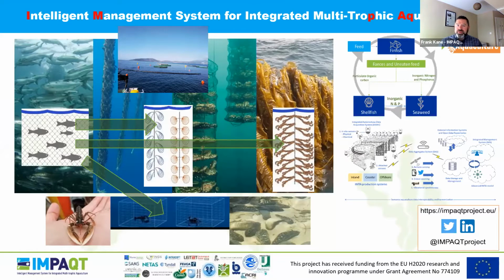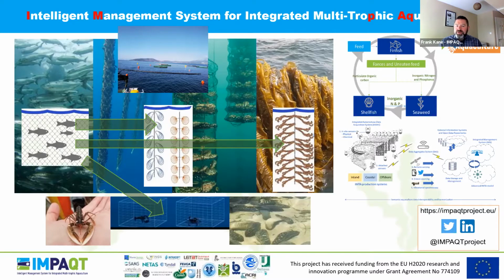The platform is to cover multiple production environments with the ambition to help validate the concept of IMTA as a novel aquaculture approach. There are 21 partners working in 3 key areas: an autonomous data acquisition and communication system, known as the IMPACT platform, an advanced IMTA model, and the intelligent management system. And these combine to form a sort of management structure for a complete holistic view.